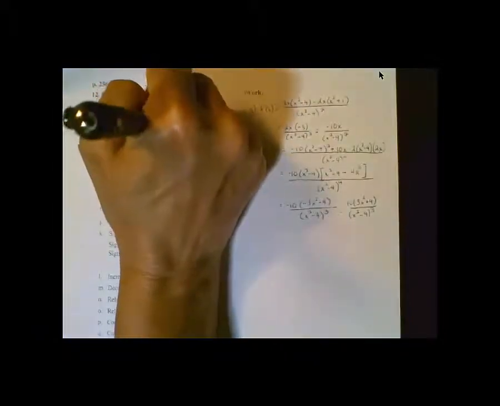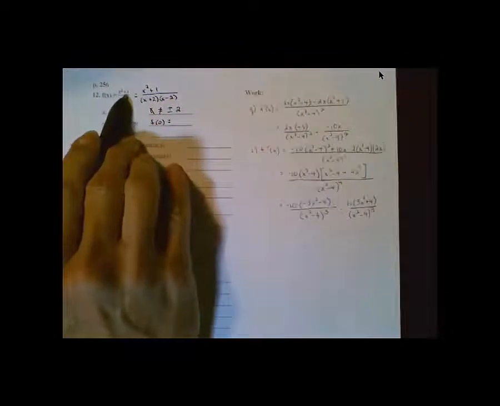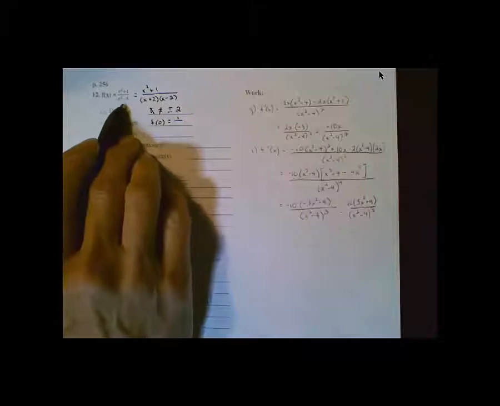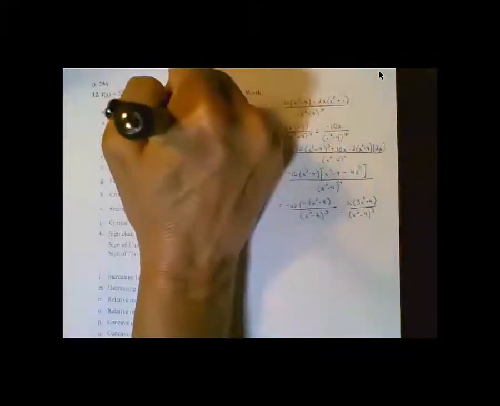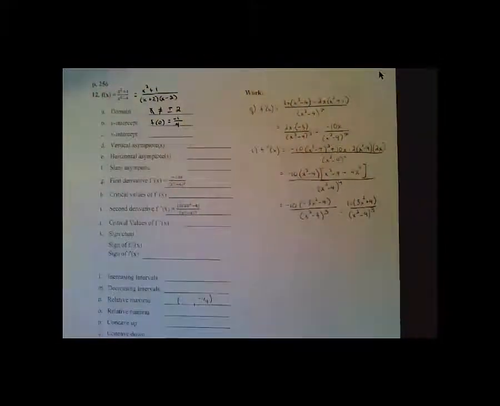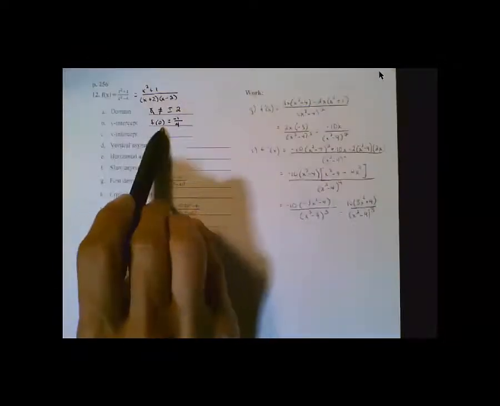If we let x be 0 in that expression, we'll have 0 squared plus 1 is 1 over 0 squared minus 4 is negative 4. So the y-intercept is negative 1/4. How do you find an x-intercept for a function? Well, to find the y-intercept, you let x be 0.